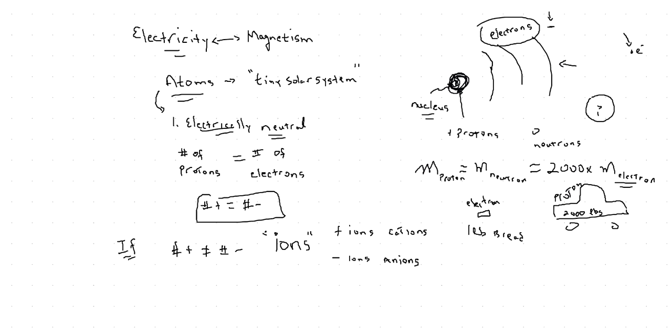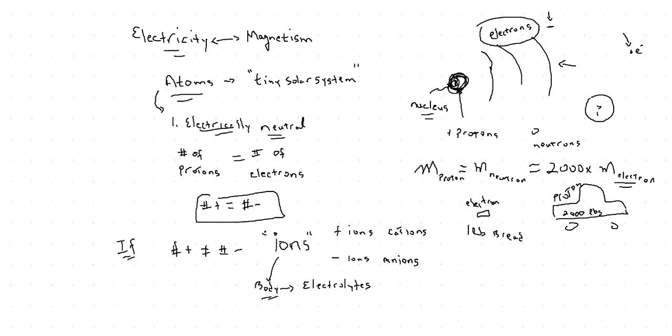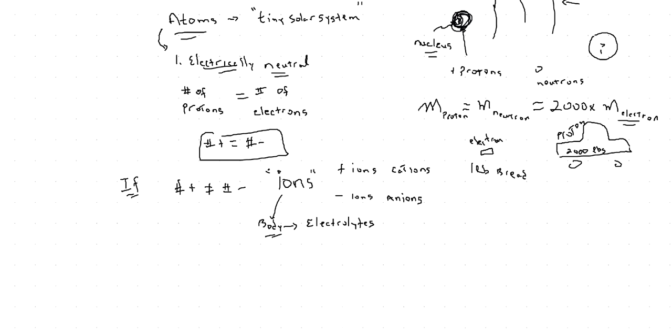In the body, again, you know this from all your biology, ions have a special name, right? They're called electrolytes. Okay. So atoms are electrically neutral.